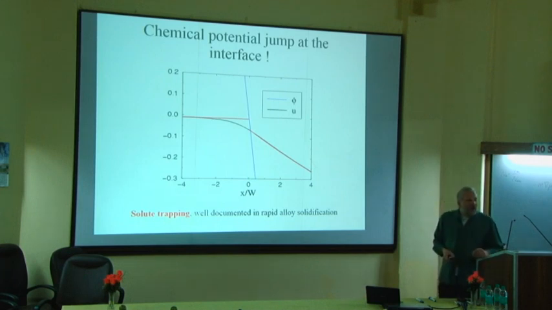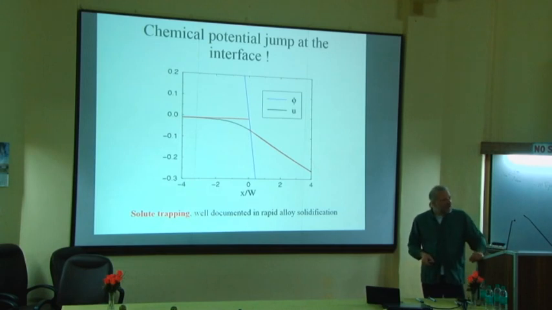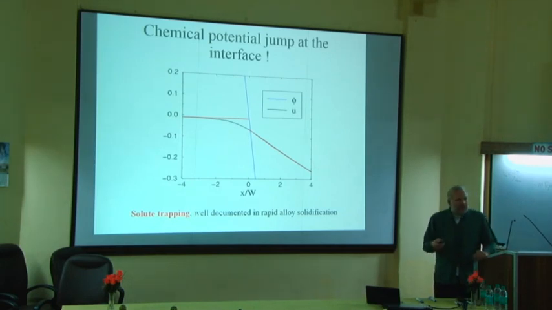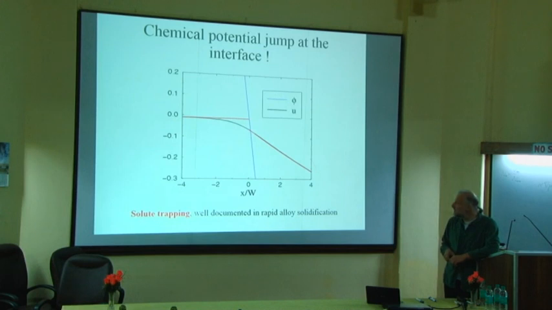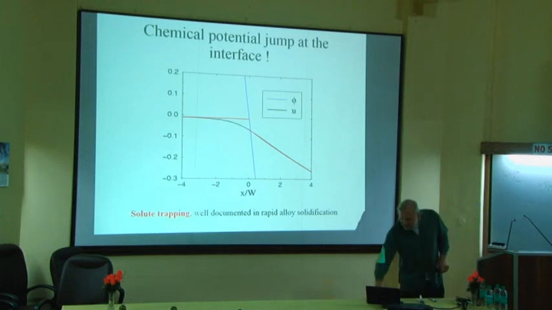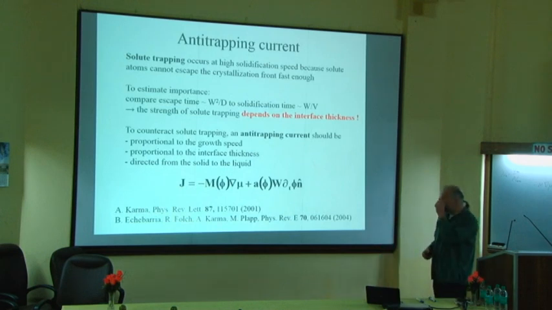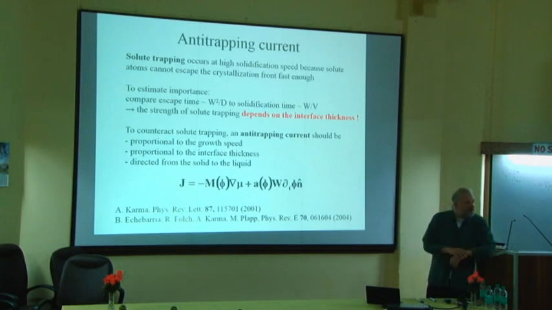Now, how can this happen? Is this real? Well, the answer is unfortunately yes. It is real. It corresponds to a real physical effect, known as solute trapping. So what's solute trapping? Well, imagine you solidify a binary alloy.